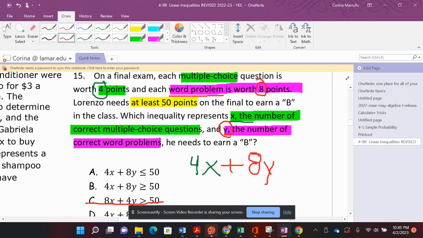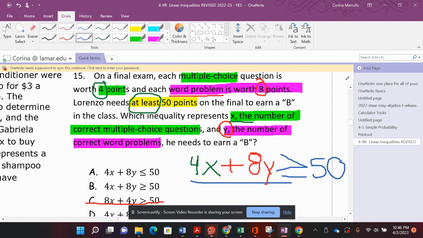Okay, then we need to figure out what the words say. So it does say at least. Okay, so at least means the least amount. Lo menos que quiere. The least number that they want it to be is 50. So then that means that this number here has to be bigger than 50. So greater than or equal to 50. So if he says the least I want is 50 points, then that means that he's going to be happy with 50 points.